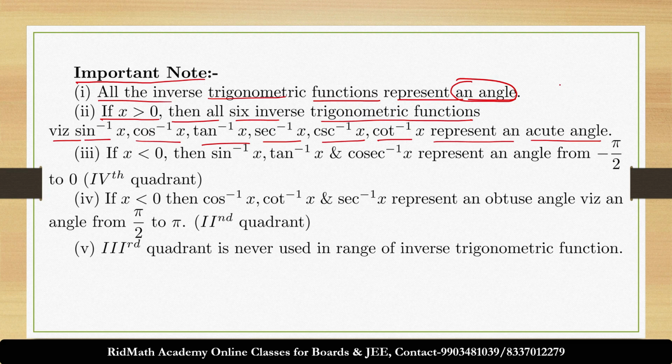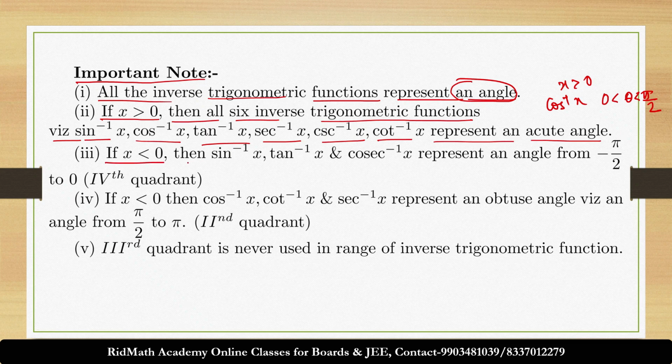That means if x is greater than 0, then every inverse trigonometric ratio represents an angle from 0 to pi by 2. Okay, this means acute angle.